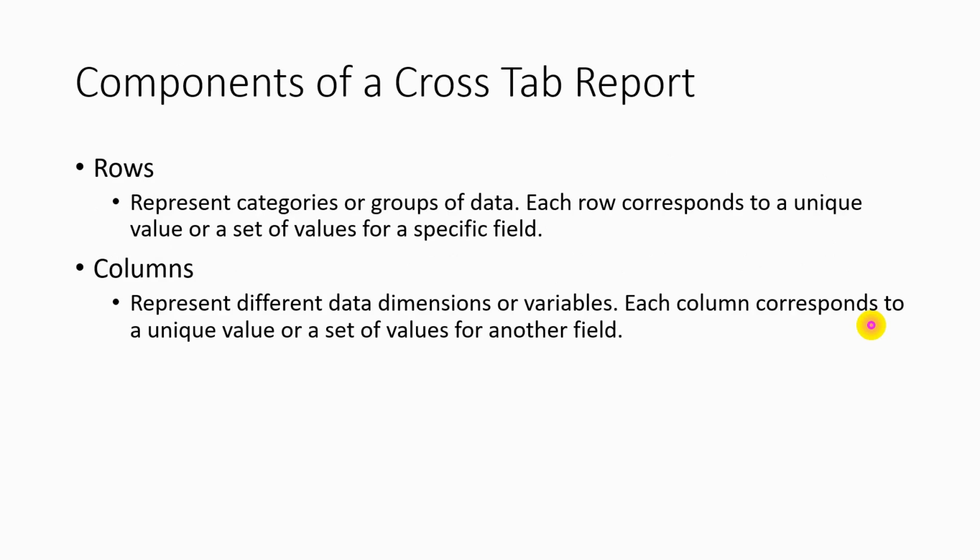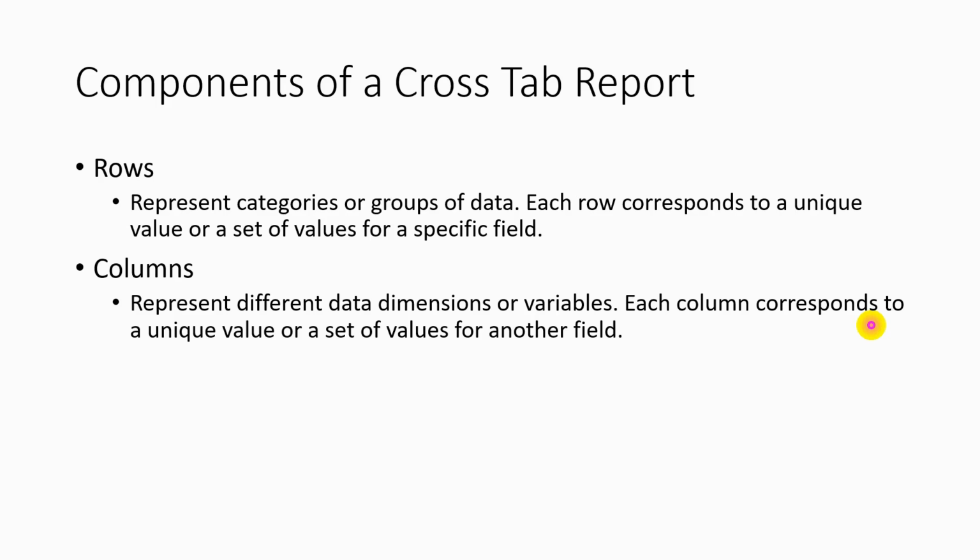First of all, I will explain the components of a CrossTab report theoretically, and then I will give you a practical example. Let's explain the theoretical components of a CrossTab report. First component is rows. Rows represent categories or groups of data.